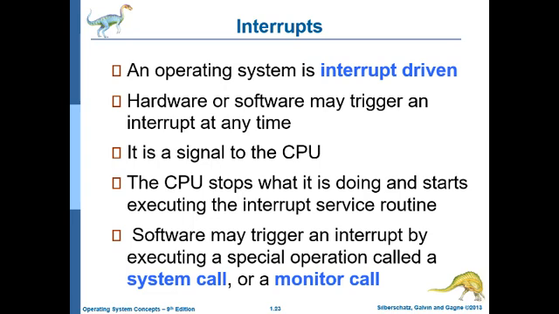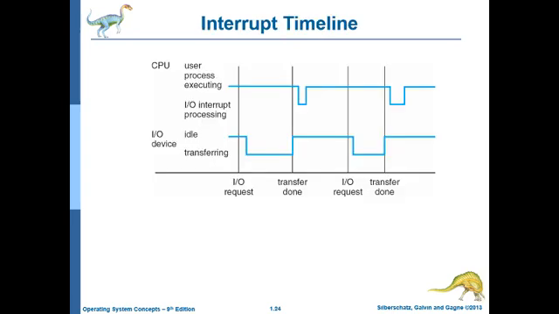The interrupt generated by software is usually a monitor call or a system call. Using a system call, the application program gets something done by the CPU, and we will explain that.